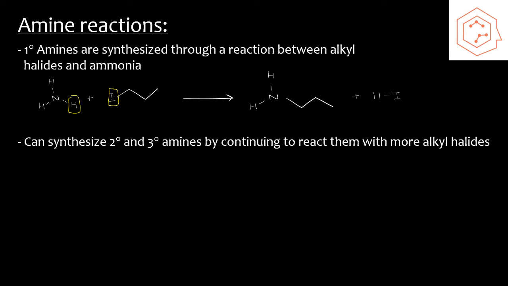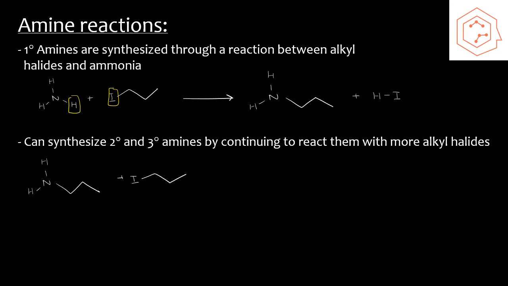If we want to keep going, we can actually synthesize secondary and tertiary amines as well, if we just keep reacting them with more alkyl halides. Let's just keep using the product we have up here. We'll react it with that same alkyl halide.